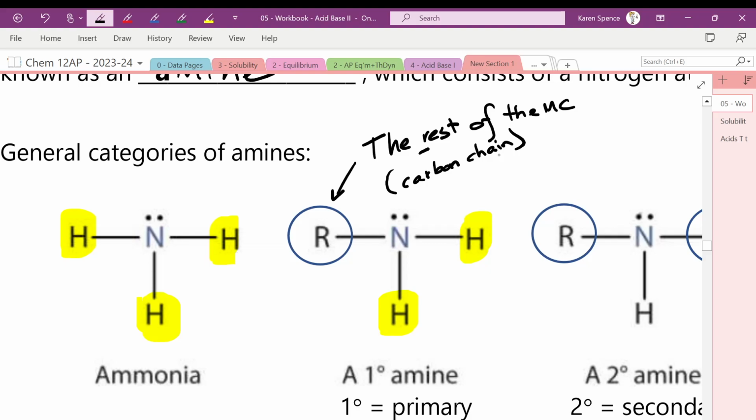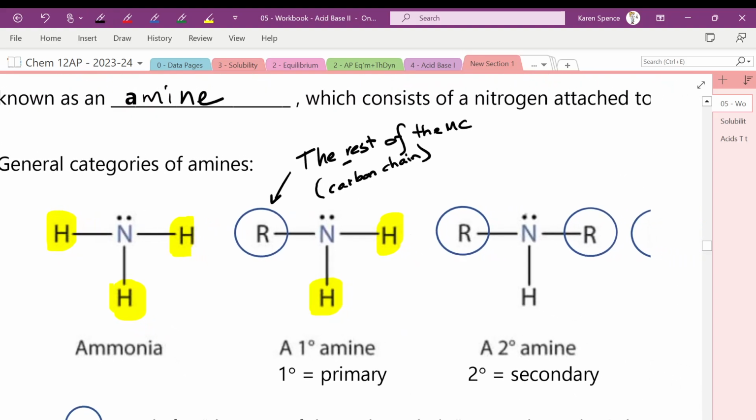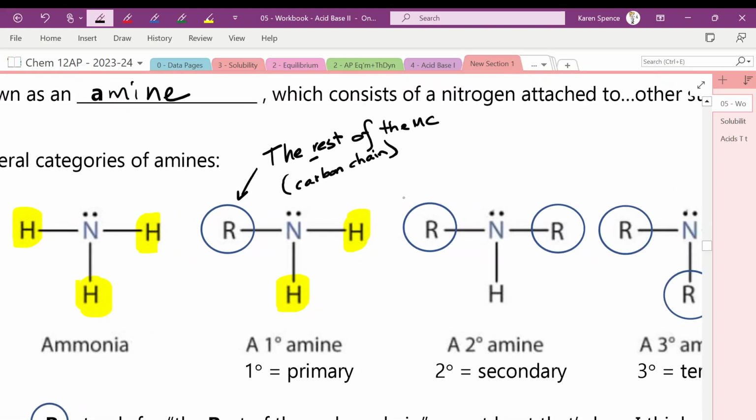This is what we call a primary amine. If you have an N with only 1 H, that's called a secondary amine.